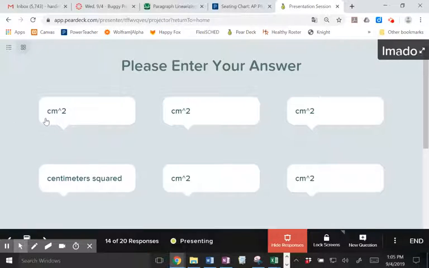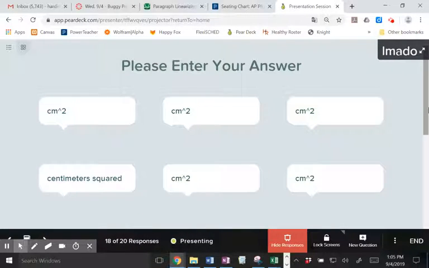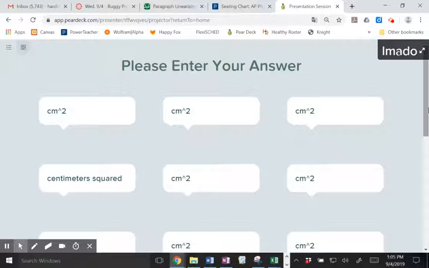Survey says, looks like most folks think centimeters squared. If we put in centimeters squared, that's centimeters times centimeters. That's going to cancel out with the bottom, and I've got centimeters upstairs on both sides. So the units on 45 should be centimeters squared.